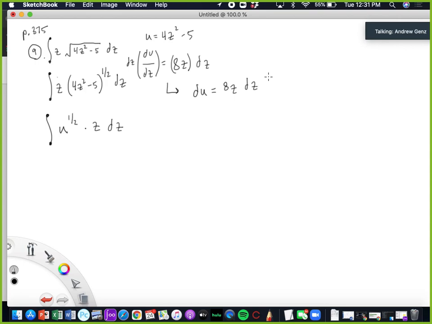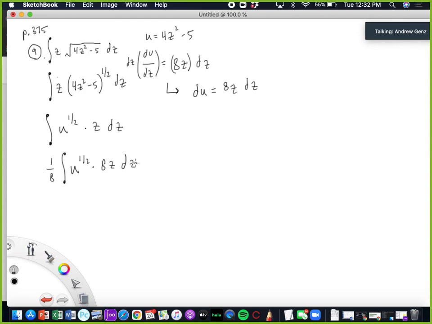So what we have to do is put 1/8 out in front, u to the 1/2, and then give this guy an 8 on the inside. I need to make 8z so it matches up with du, because I can't take the indefinite integral with respect to z.